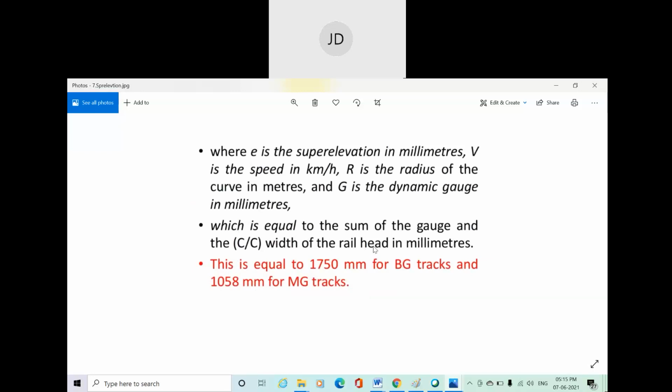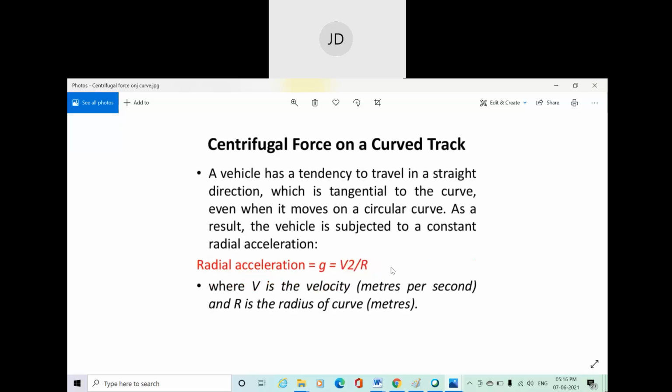This is equal to 1750 millimeter for broad gauge, and for meter gauge it is 1058. That means this capital G value, I think these things were already discussed in module 1. For broad gauge, what is the gauge length, for meter gauge, these things are already discussed with you, right?